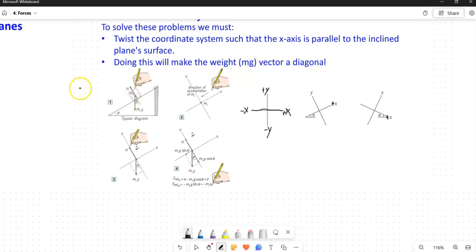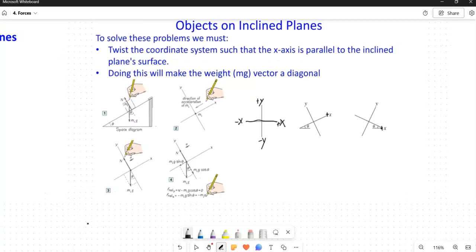I'll show you when to twist the coordinate system, how to twist it, and then what to do after you twist it.